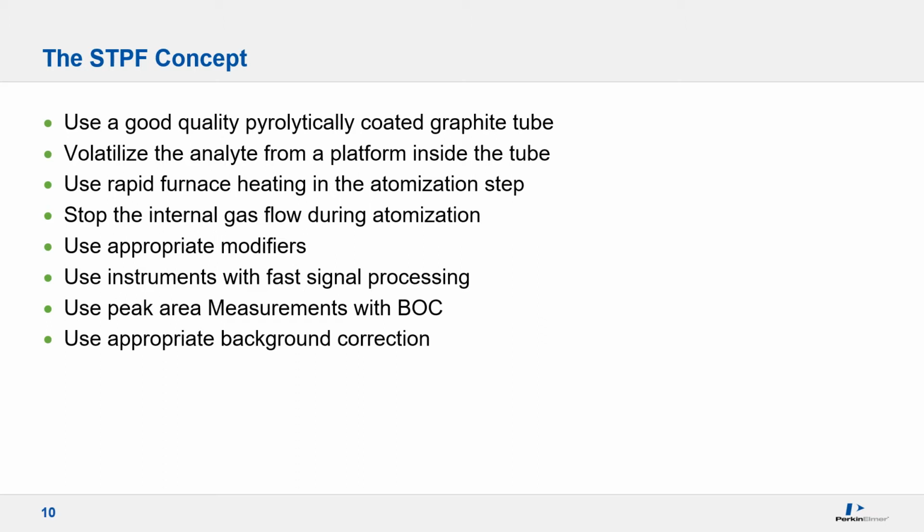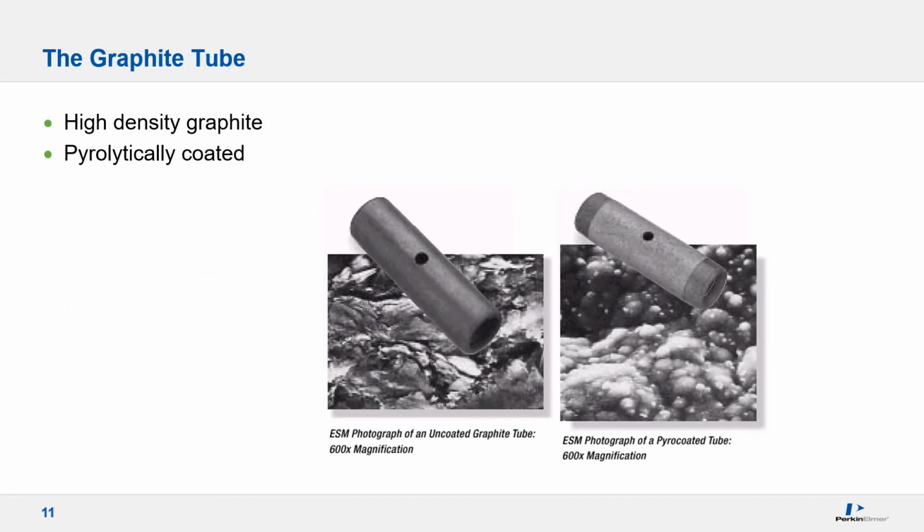As you can see, the list includes the use of pyrolytically coated graphite with platform atomization, rapid furnace heating profiles, gas stop during the atomization step, incorporation of matrix modification when indicated, peak area quantitation with BOC, and background correction applied. We will now look at each of these in greater detail.